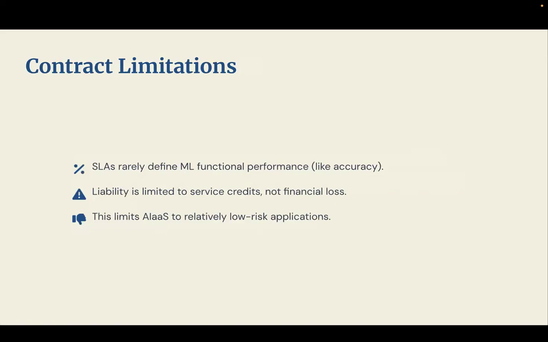So, what are the contract limitations for AI as a service? These service level agreements tell the other companies that we will provide you 99.99% uptime and we will provide you security, but they will not give any promises on the functional performance of that model. They'll never tell you that this model is 100% correct.